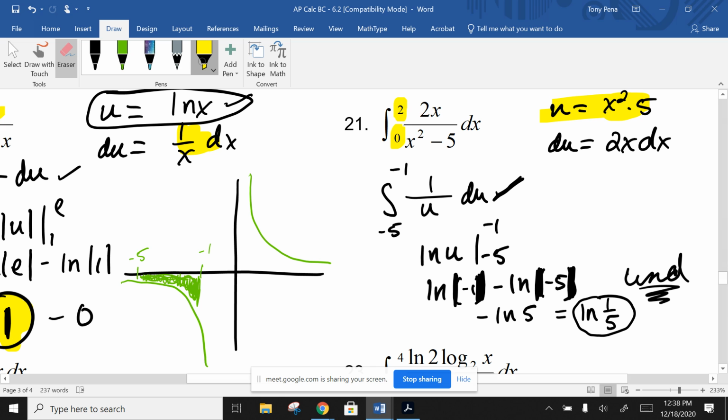And then you would just want to make sure we understood how does this become a natural log of 1/5. And that's just, again, similar to that trig function earlier, the tangent. I can take this -1 and make it the power of that 5. So now that's why it becomes a positive natural log, and then 5 to the -1 is a 1/5 fraction. Okay, so natural log of 1/5 is our answer either way.